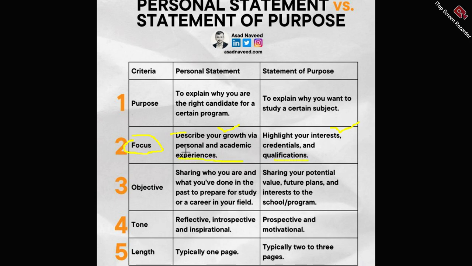Let me give you an example first, then we will move forward. For example, you are writing a personal statement, so you have to explain why you are the right candidate for a certain program.